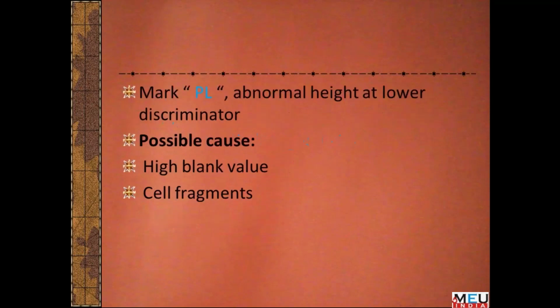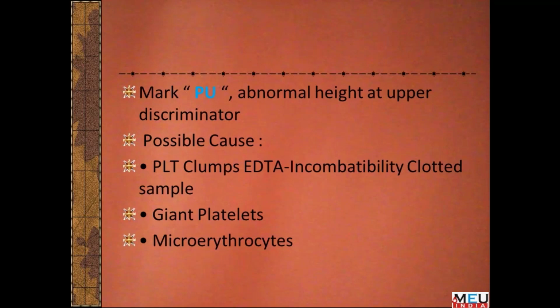or fragments. And an abnormal height of the lower discriminator could be because of broken RBCs or high blank values in the case of platelet discriminators. Sometimes an abnormal height of the upper discriminator in platelets could be because of platelet clumps, EDTA incompatibility, giant platelets, and microerythrocytes.